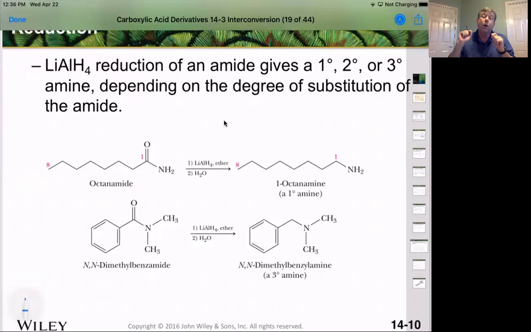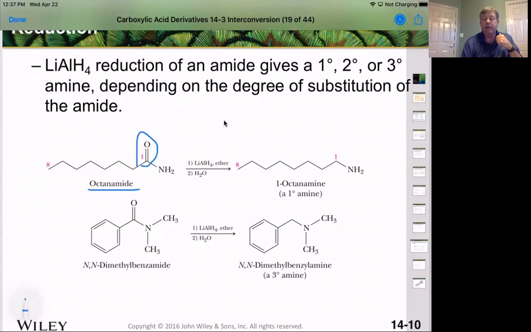Okay, so now that we have the esters that react with lithium aluminum hydride, but it clips off the alcohol when it does that. When we do this same reduction with an amide, the nitrogen-carbon bond remains. So what we end up doing is we reduce down the carbonyl, but we maintain the amine on the final product. So if we look at our first one here, this octanamide, we have the carbonyl here.